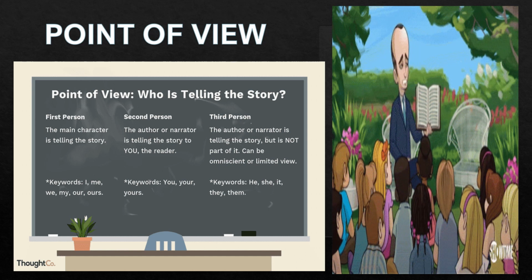The keywords are you, your, and yours. The third person point of view is that the author or narrator is telling the story but is not part of it. It can be omniscient or limited view. The keywords are he, she, it, they, and them.